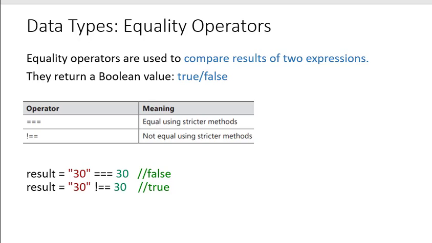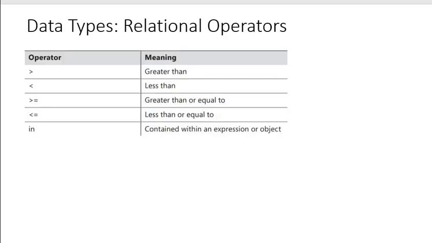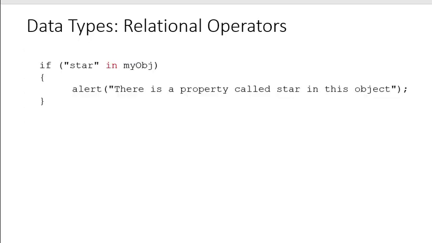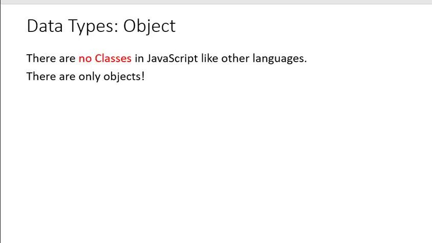Now triple equal is the equal to operator and exclamation mark double equal is the not equal to operator. Relational operators like greater than or equal, and less than or equal are similar to other C-style languages. The in operator is used to check whether a property exists in an object or not.